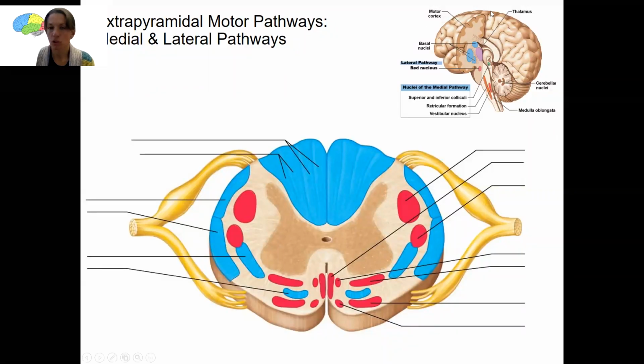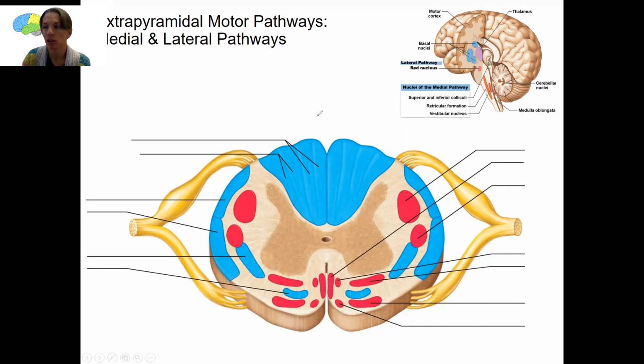Let's look at what these nuclei do. These nuclei are located in the brain, and then their axons are going to travel down in the spinal cord. There's no synapse before that. So these are, again, the tracts that you saw before. I showed it in a previous picture.